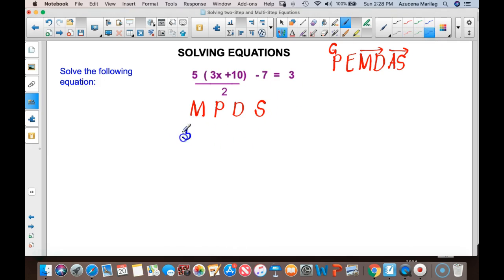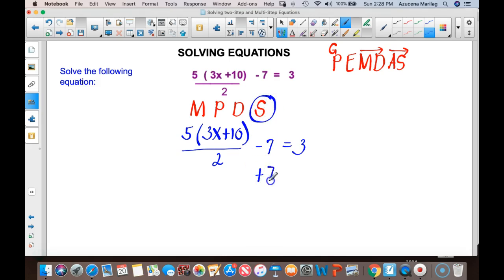I'm going to copy the original equation first. 5 times 3x plus 10 divided by 2 minus 7 equals 3. So I'm undoing the subtraction by addition. So I'm adding 7 on both sides.